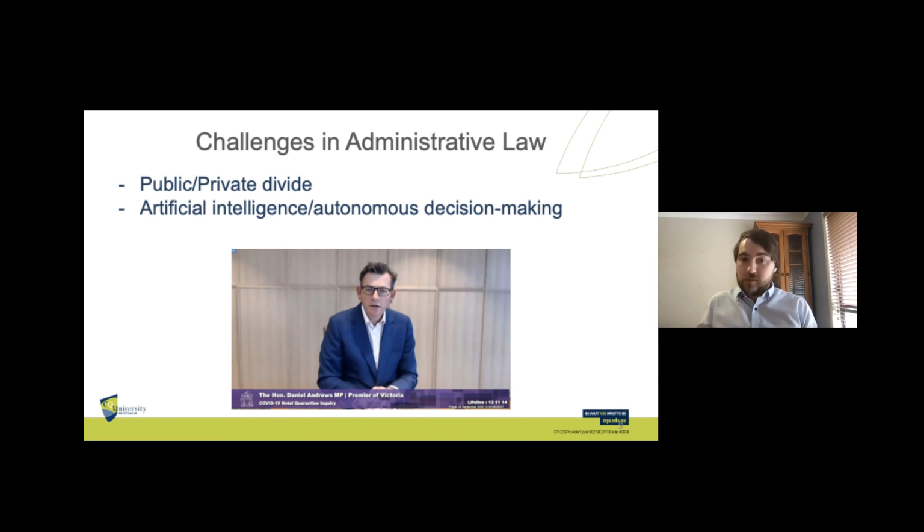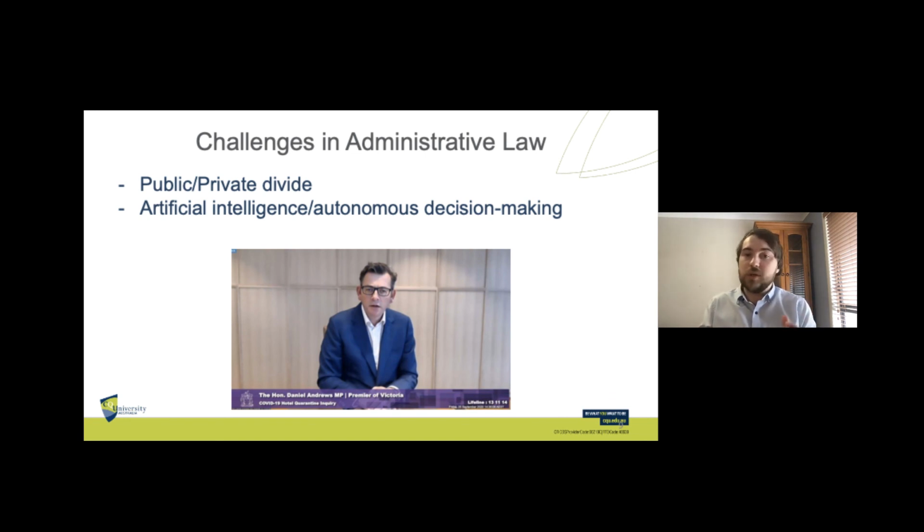The problem, as we've seen, is that, for example, with Robodebt, Centrelink issued heaps of debt notices to people who didn't actually owe any money because of an error within the autonomous decision-making system. In a scenario like that, we've got a really difficult question and a difficult challenge in relation to, well, who was the decision maker and who's responsible for that decision?